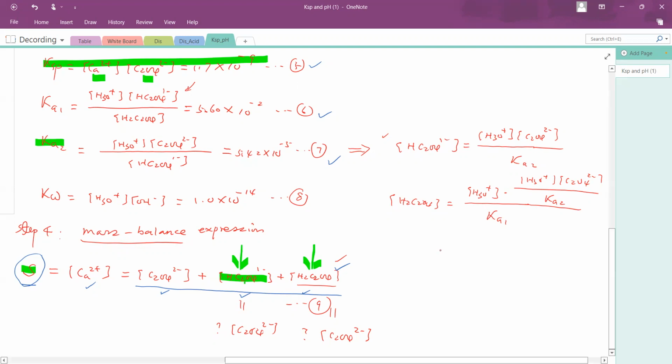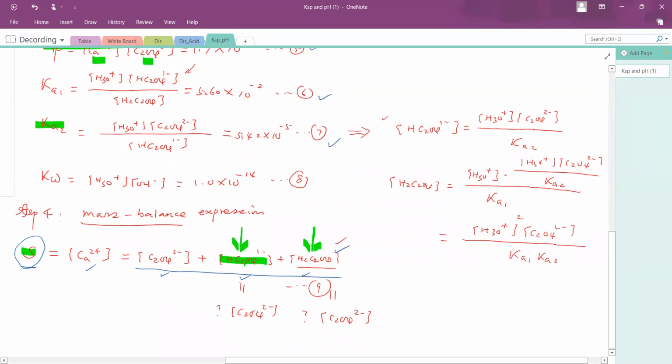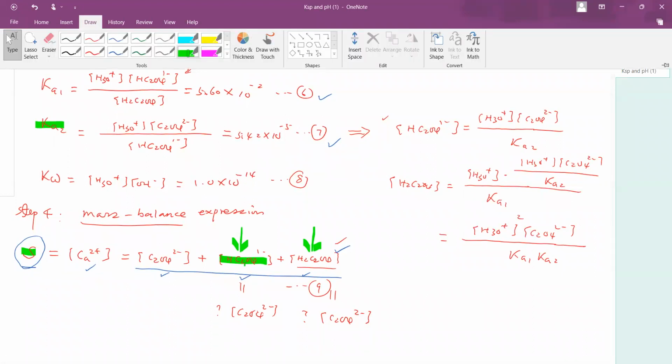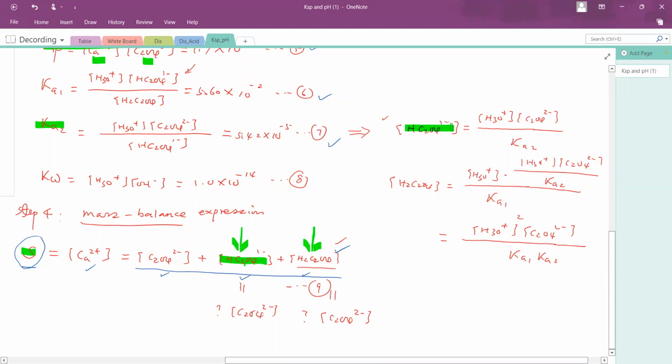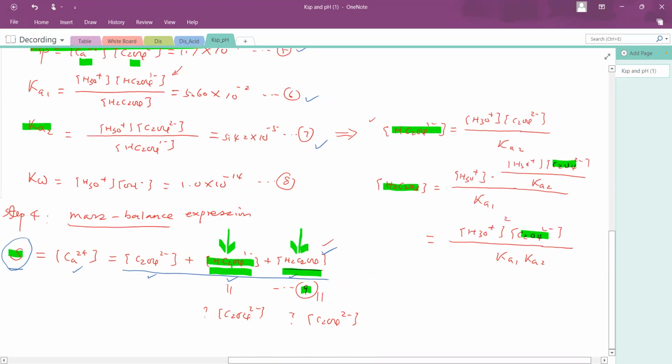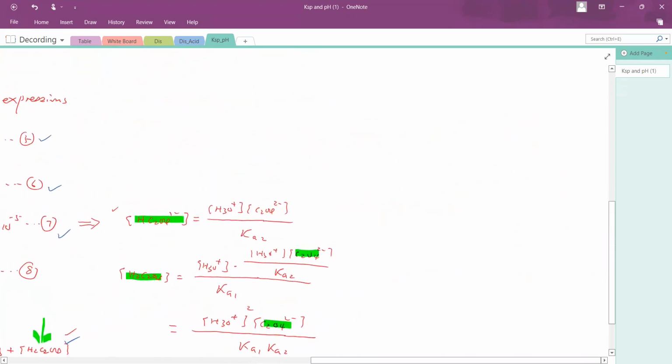So we just symbolize, and the square. You see it? Did you see it? So from these two equations, hydrogen oxalate and oxalic acid are all related to oxalate. So we solve the equation, we put it back into equation 9. We can do that, right? Now the question is much easier now, okay?